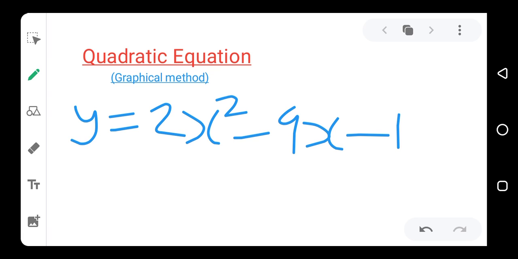Now note this, that before we can use the graphical method to solve a quadratic equation, they must give us the values of x, and then we determine the values for y.